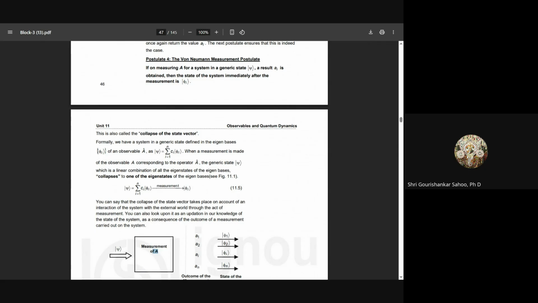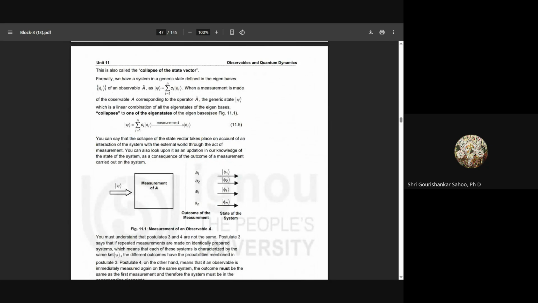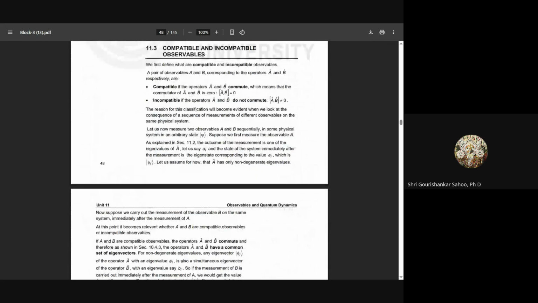Suppose A is your position or momentum or energy. Then the outcome will be A1, A2, Ai, An. Anything from these can be the outcome. So the states of the system will be phi 1, phi 2, phi i, phi n in ket vector. This is the fourth postulate.